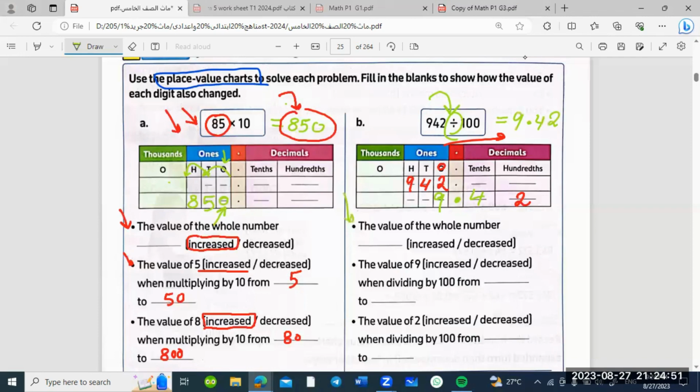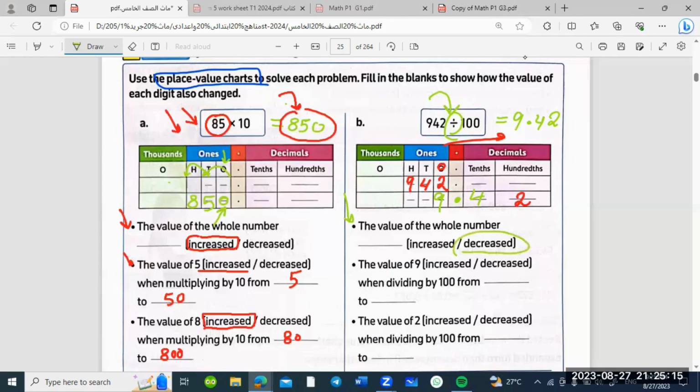Now let us answer this question about what we have learned right now. The value of the whole number, increased or decreased now in this question? Getting smaller or bigger? Decreased. Excellent.